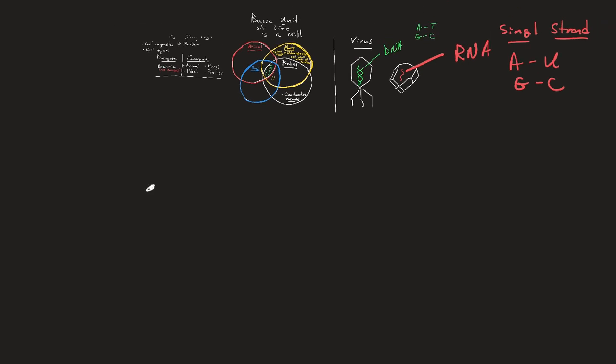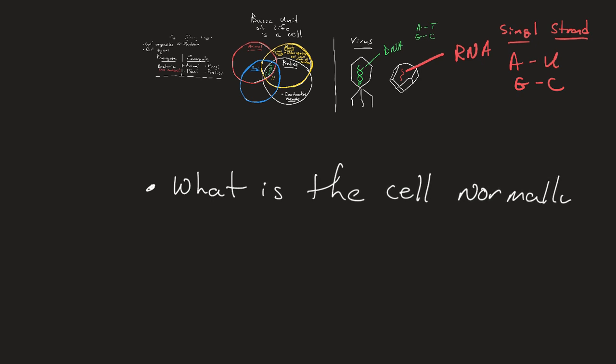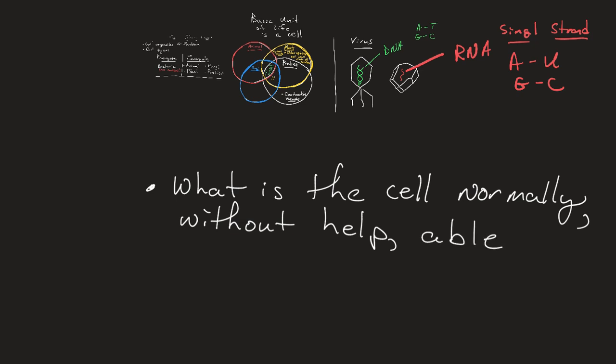You should know how things transport across the membrane. What passes the membrane usually and what doesn't? What is the cell normally, without help, able or permeable to?